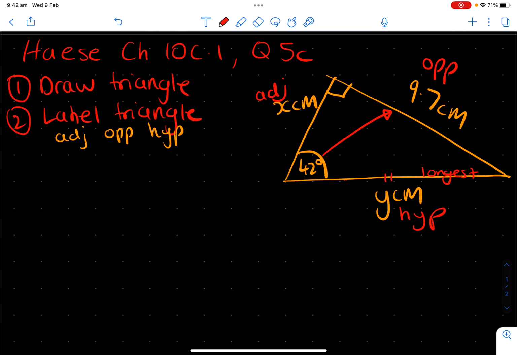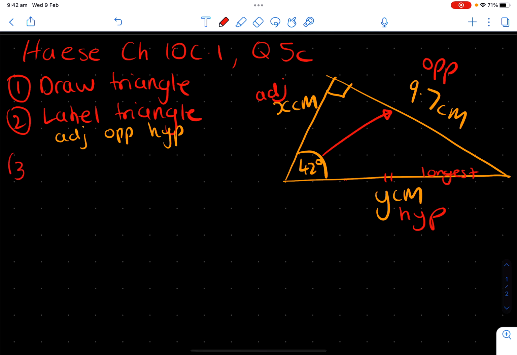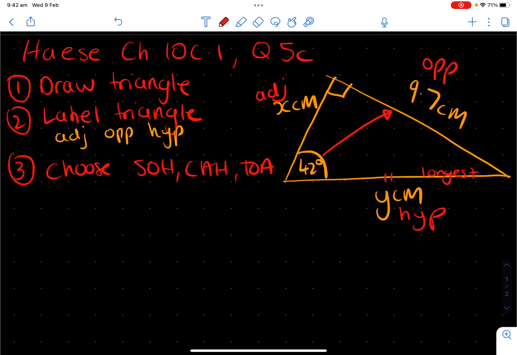So now that we've drawn and labelled our triangle, our next step is to choose our equation. So we need to choose between SOH CAH TOA. Just take note, we are not going to choose two unknowns.